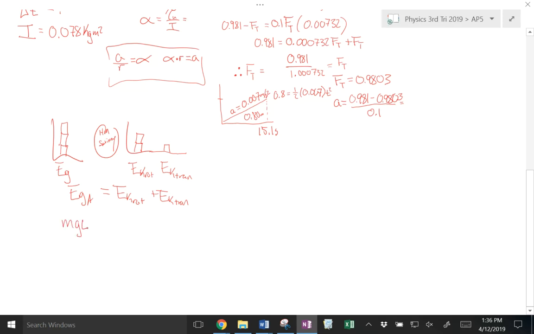All right, so mg delta y is going to be 0.1 times 9.81. Delta y we said is going to be 0.80. Okay, EK rot is going to be 1/2 of the I we said is 0.0078. Is that right?